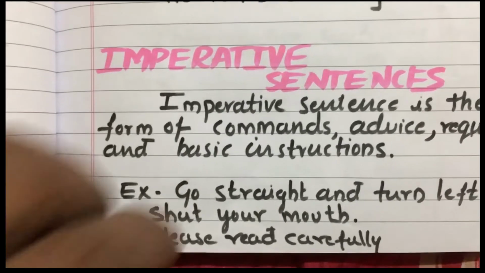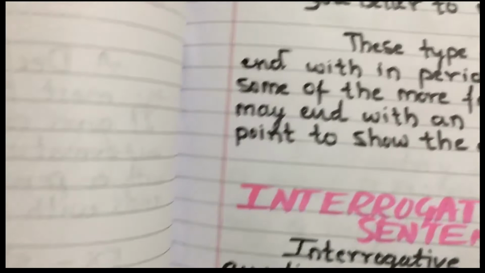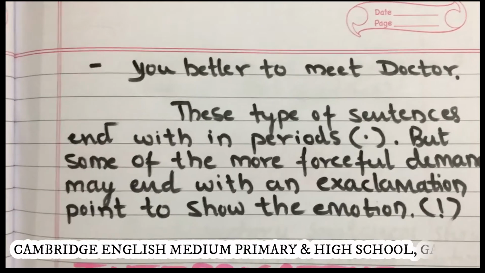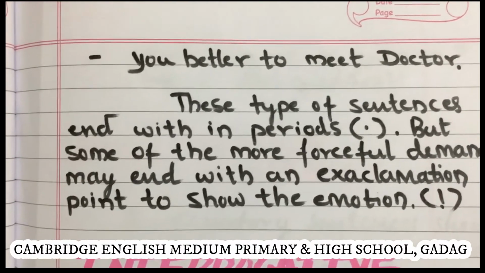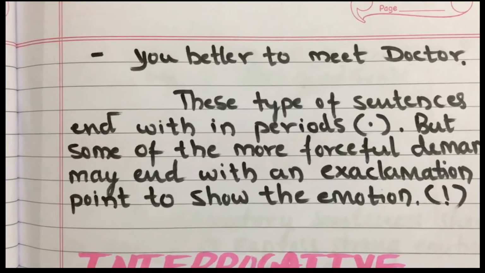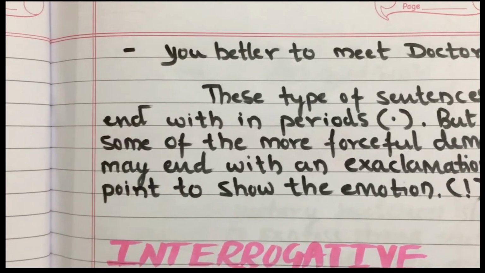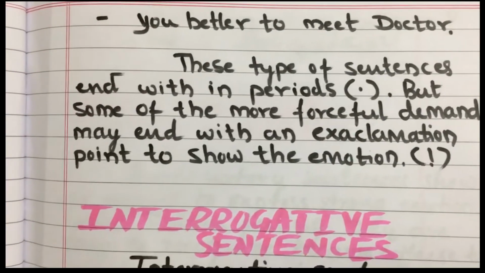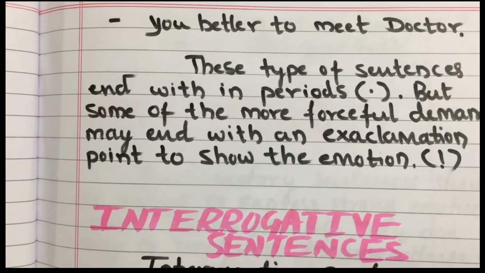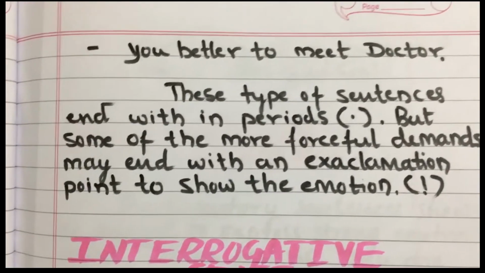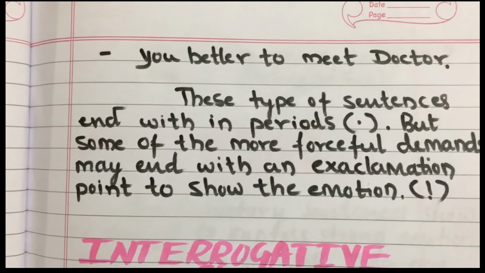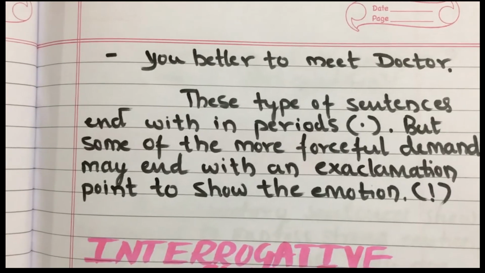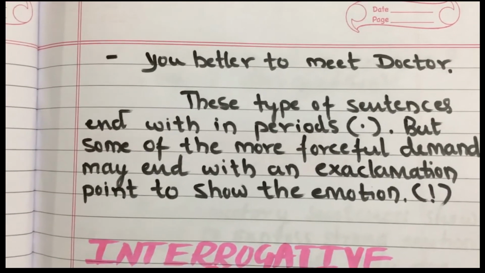Okay, let's move. You better meet a doctor, this is advice. Then the sentence belongs to which one? Imperative sentence. Next, this type of sentences ends with a period, but some of the more forceful demands may end with an exclamation point to show the emotion.